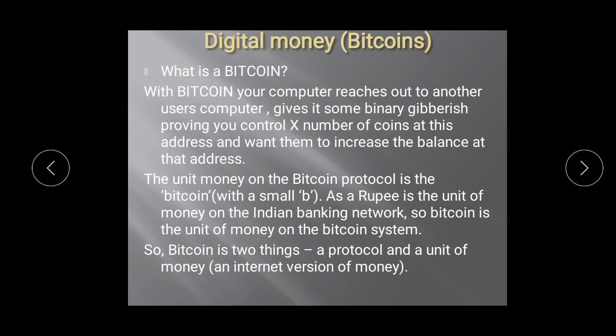Second, with a small b, bitcoin is the unit of money on the Bitcoin system, as the rupee is the unit of money on the Indian banking network. So there are basically two things Bitcoin does. If B is capital, it is related to the sending and receiving process of payment information.